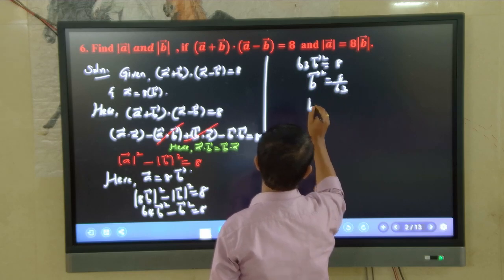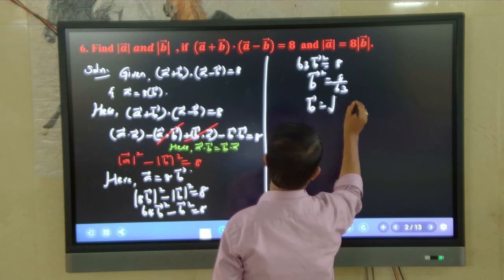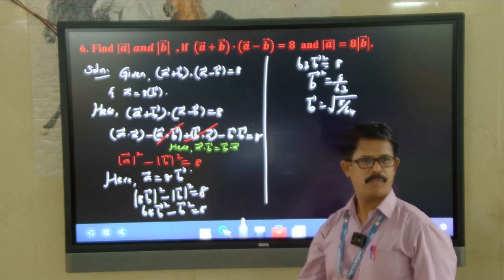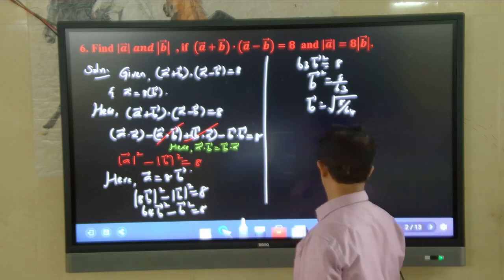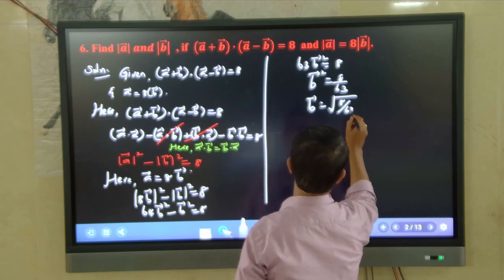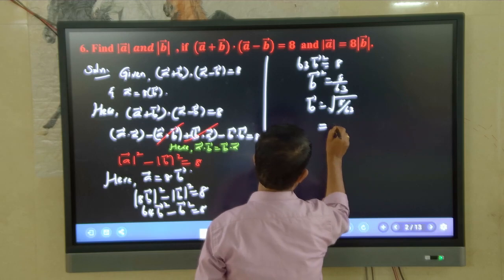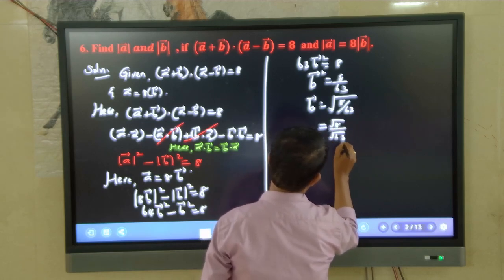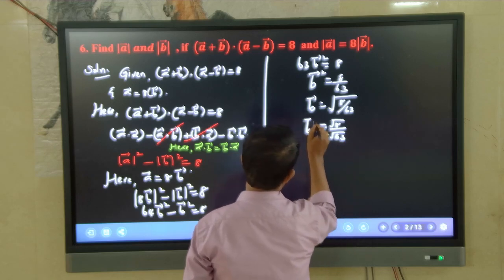Then modulus of B vector equal to square root of 8 by 63. Yes, 63. That is equal to, we can write, square root of 8 by square root of 63. This is B vector.